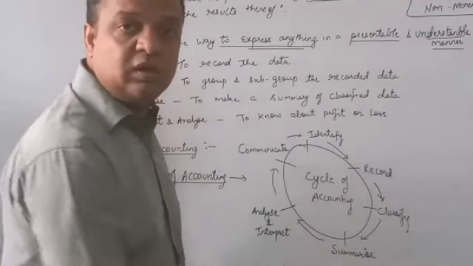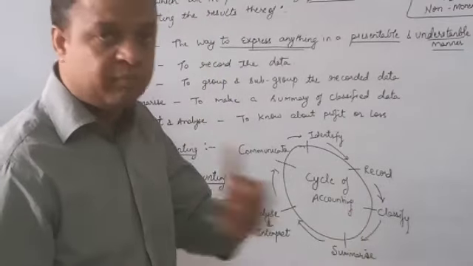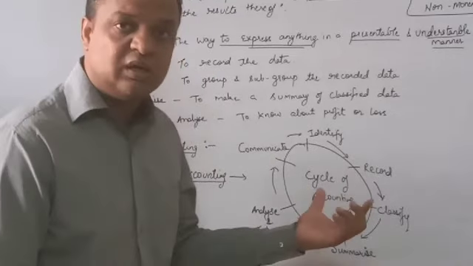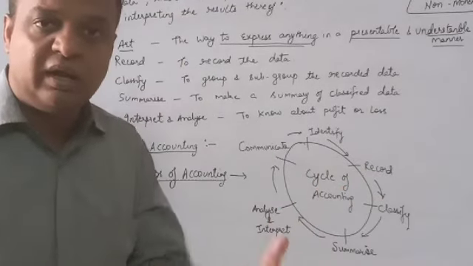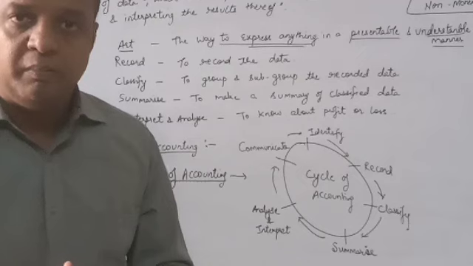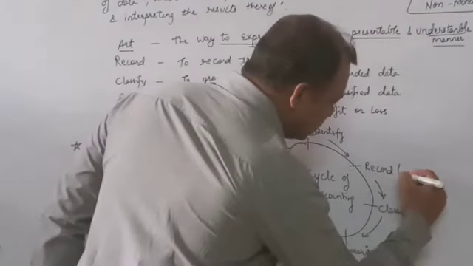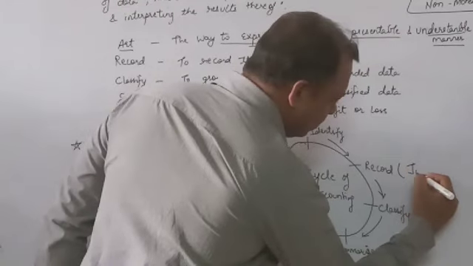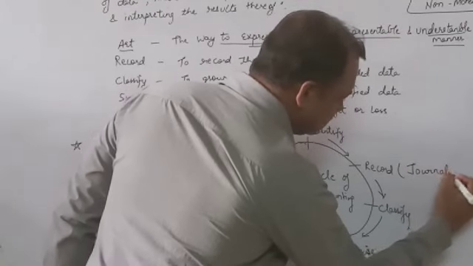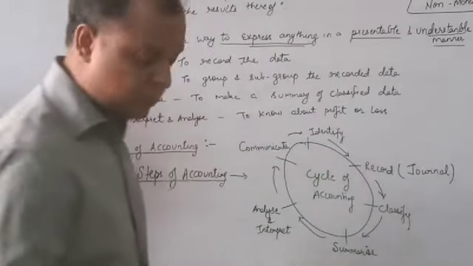Further recorded means we will take it for a recording purpose. Recording purpose is to present that data in a certain presentable manner for understanding. The recording of data is done in a specific book of account named as journal.